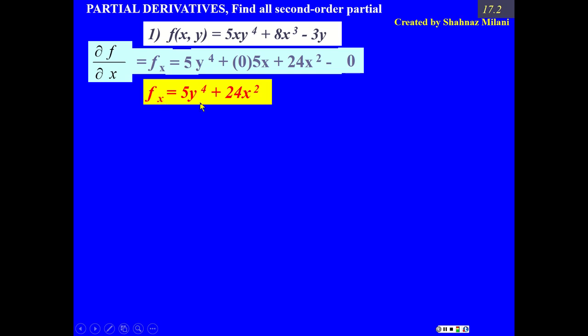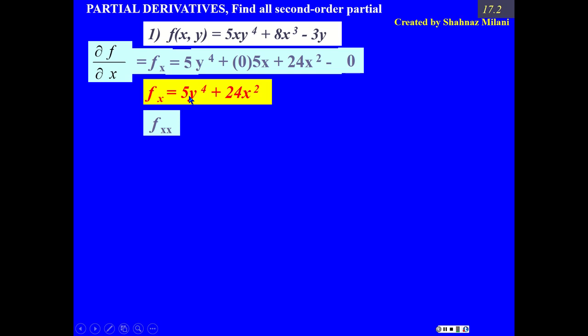Now, again, we are going to find the second order of the partial derivative. That means the next one is going to be finding the second derivative based on x. I'm going to look at this problem. This is going to be my problem. I'm going to get the derivative based on x.